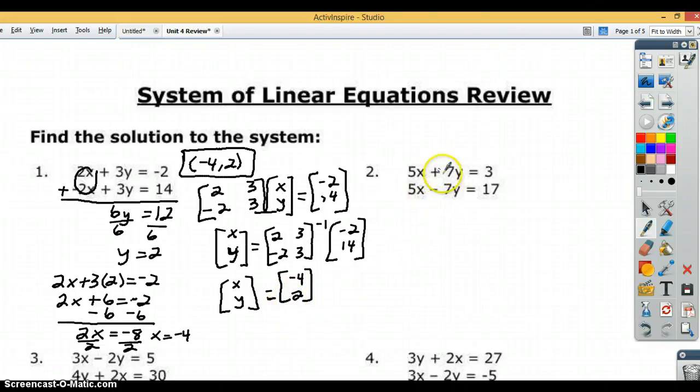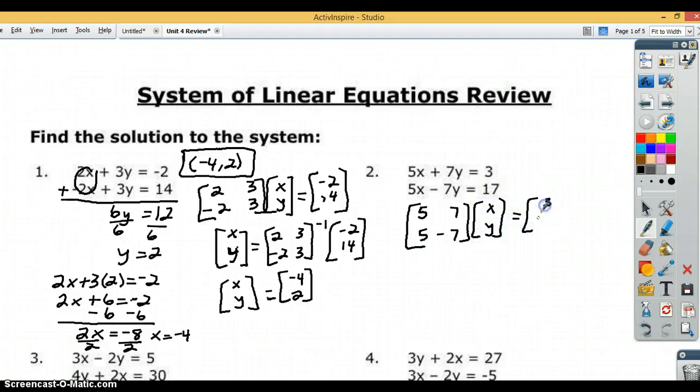Alright, so again, we could use matrices here. So if we do, we have 5, 7, 5, negative 7. We have x and y, and that's equal to 3 and 17.